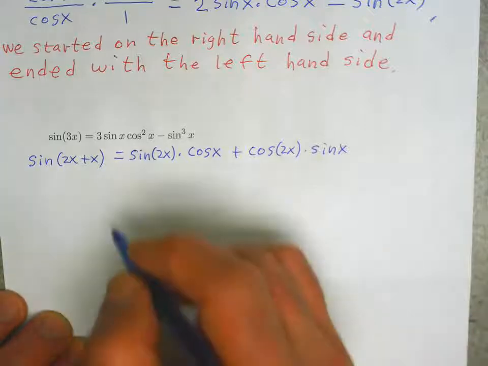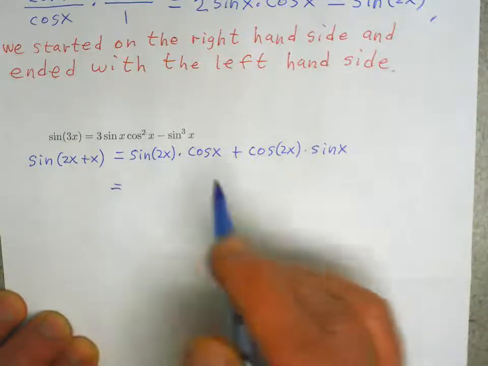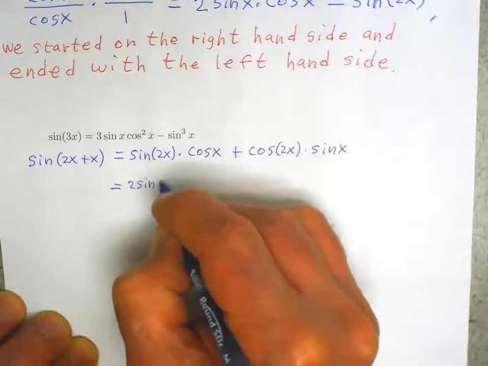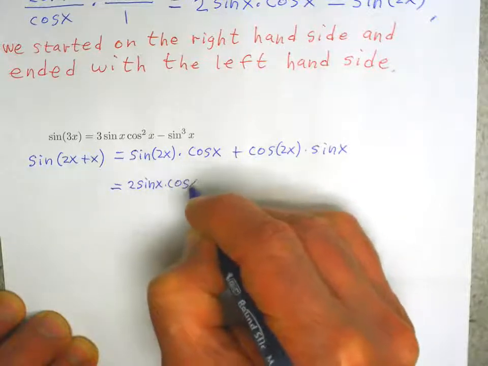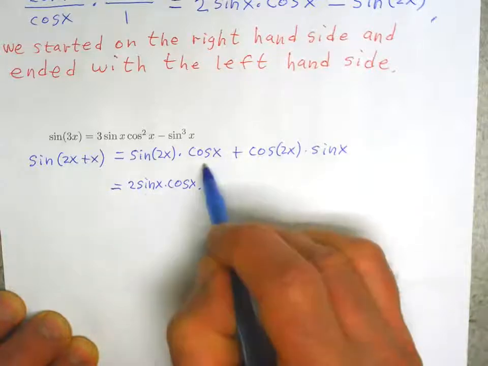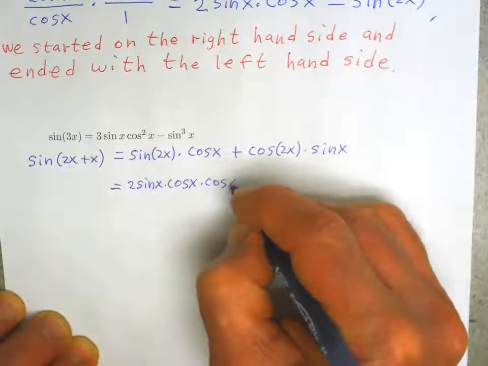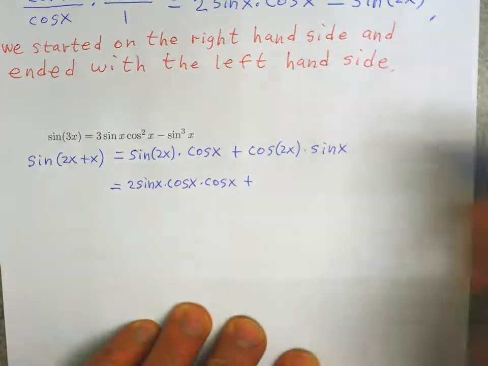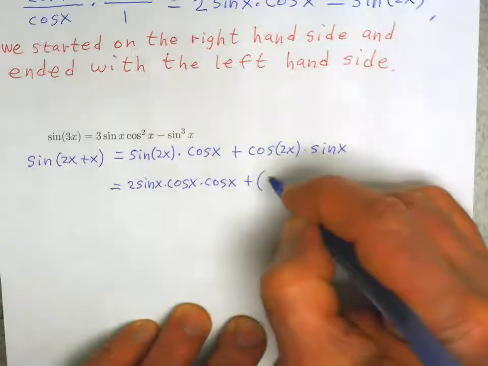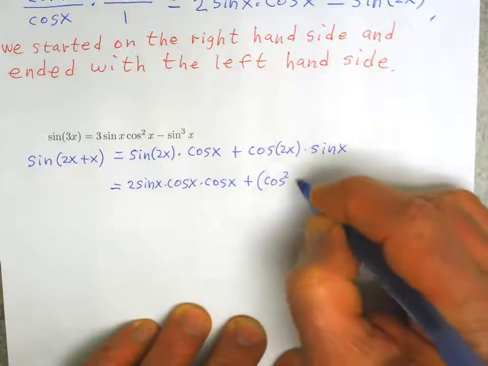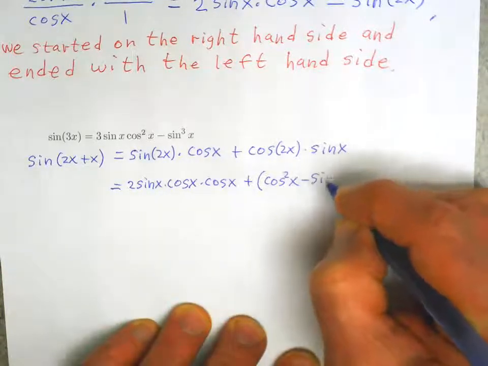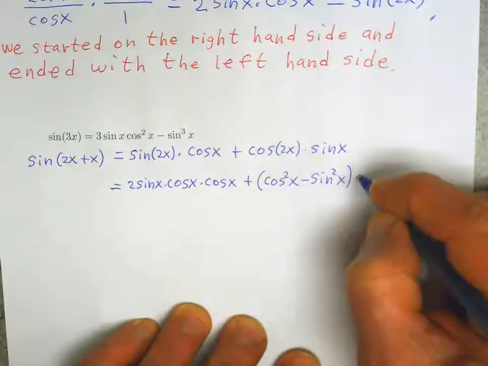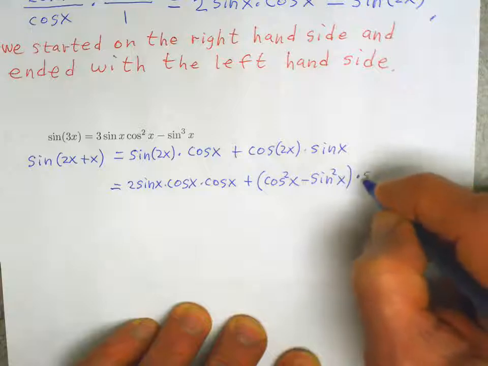See what happens. So sine of 2x is 2 times sine of x times cosine of x. And so we multiply that by cosine of x. And cosine of 2x, one variation is cosine of x squared minus sine of x squared. I have to put that in parentheses to multiply that by sine of x.